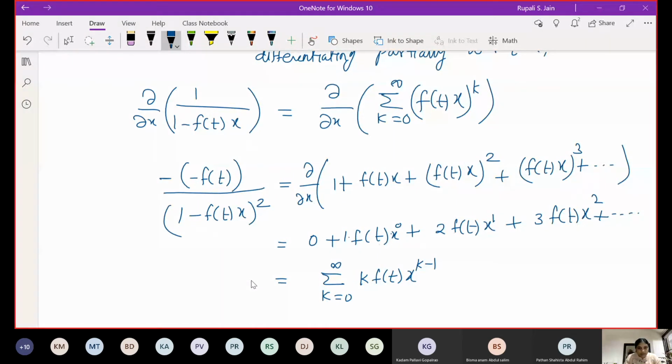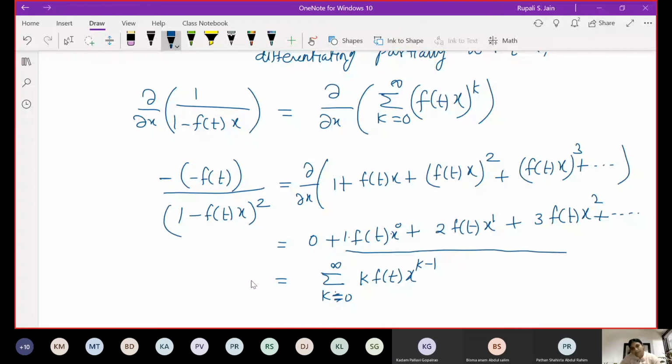For this, the summation starts from 1, but if I want to write from 0 also, no problem, because the first term will give 0 as k is 0. Is that okay?